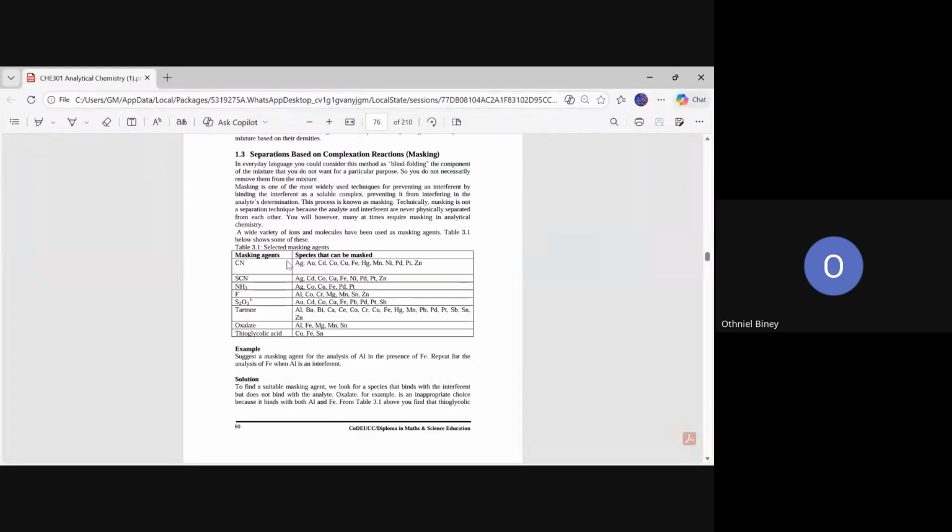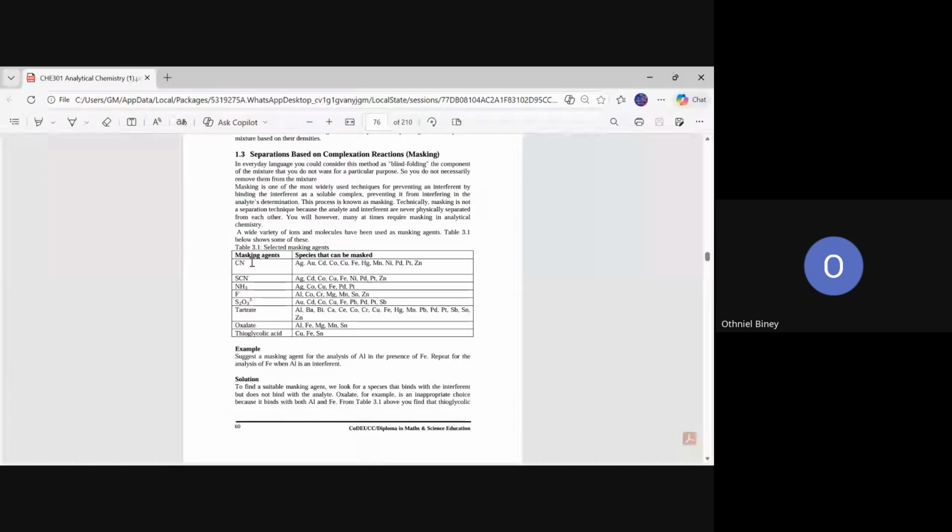Basically, in a situation where you have two species, let's say iron and zinc in a particular mixture, in a particular complex reaction, you have to find a masking agent. The masking agent will simply mask one of the species.